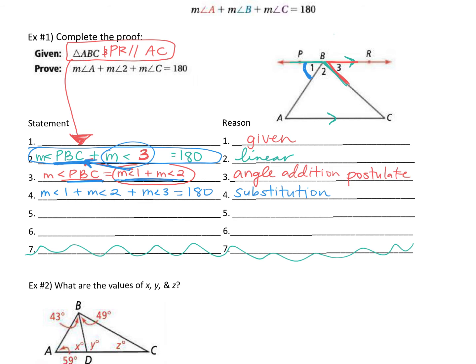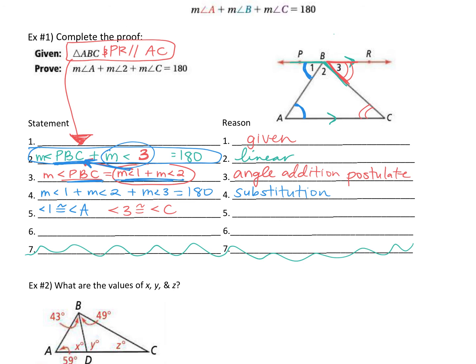Acute. There are acute. There's no vertical angles. Angle A? Angle A, yes. We know that angle 1 is congruent to angle A, right? On that same note, we also know that angle 3 is congruent to what? 3 is congruent to C. Those are alternate interiors for both of them.